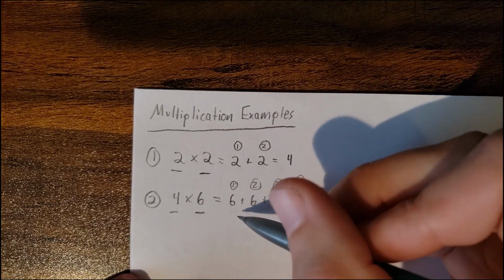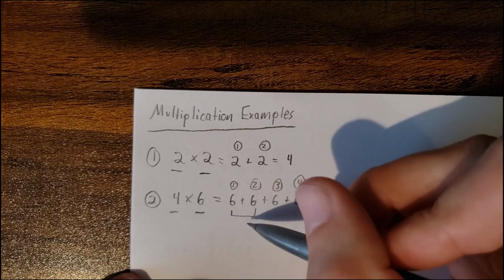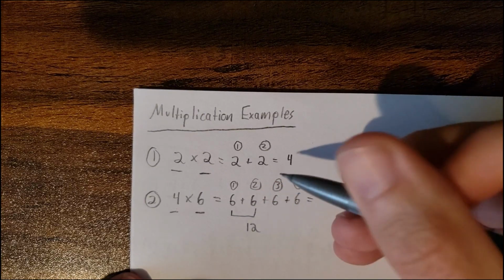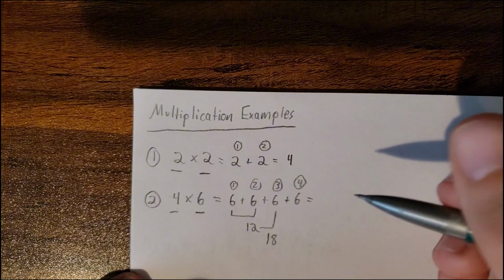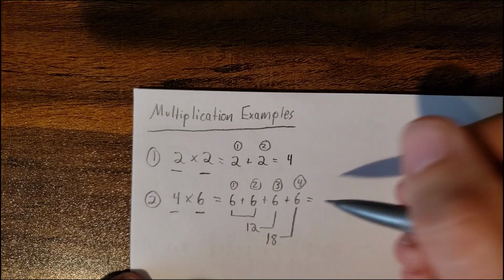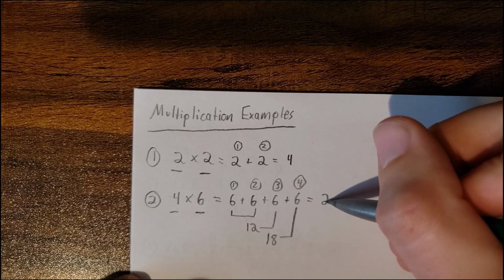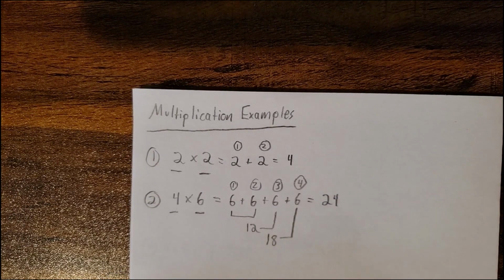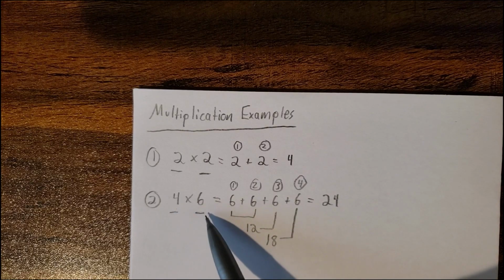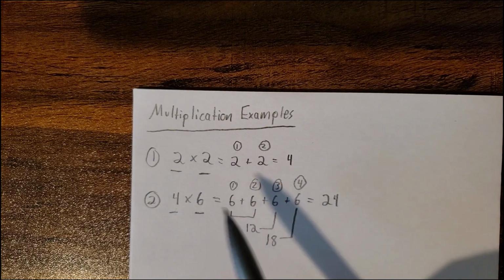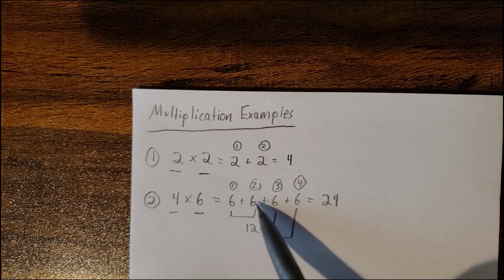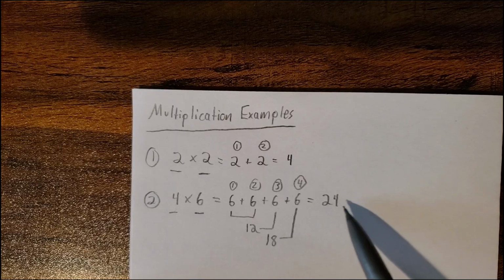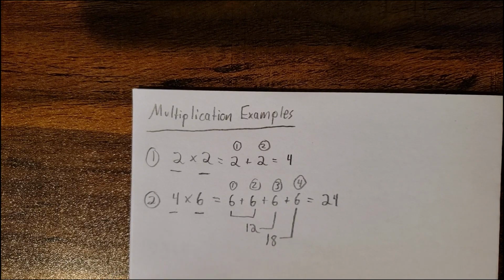And when we add these together, 6 plus 6 gives us 12. 12 plus 6 gives us 18. And 18 plus 6 gives us 24. So we now know that 4 times 6 is 24, and that 4 times 6 is also 6 plus 6 plus 6 plus 6, which equals 24.